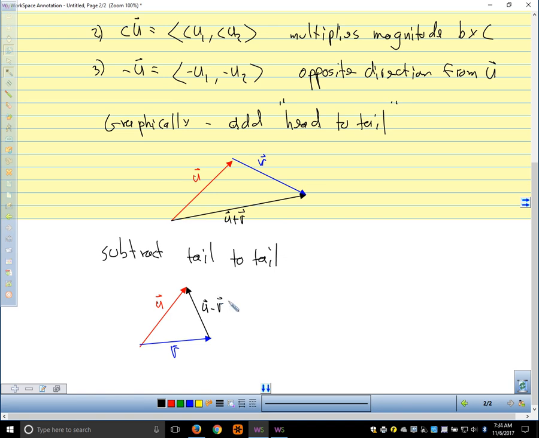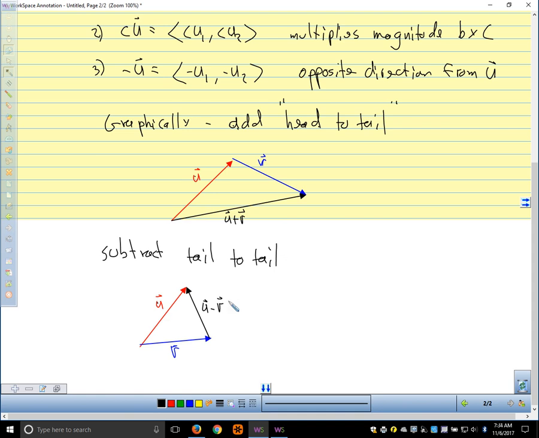And the way that I think about that to get the direction of the difference correct is u minus v. If we turn v around, turn it negative, then we start here, go here, and end here. If we turn v around, negative v, that would be our initial point, and that's our terminal point.